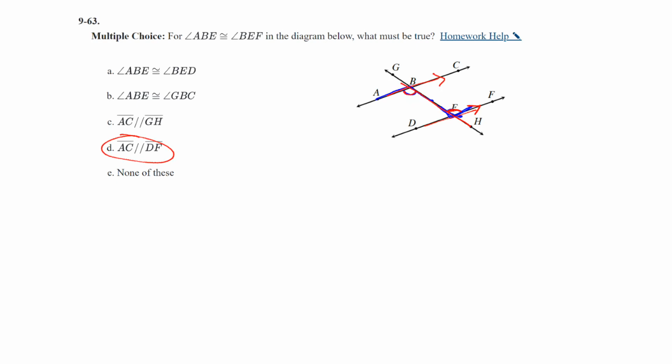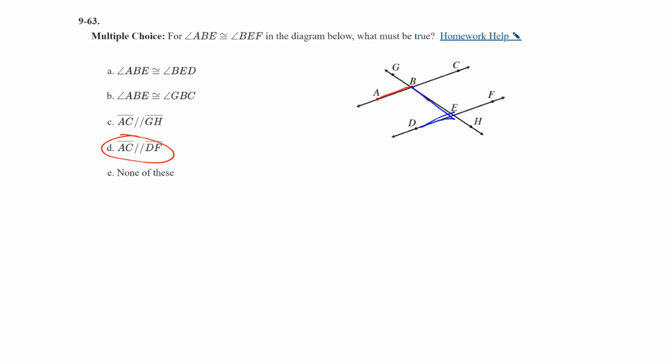Let's look at some of these other ones here. It says AC is parallel to GH. That's not true because one's going this way and one's going this way, so that's not true. Let me get rid of some of that here. What about these angles up here? ABE is congruent to BED. No, those aren't congruent because those are same side interior.